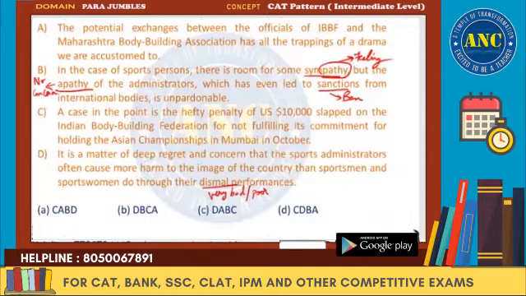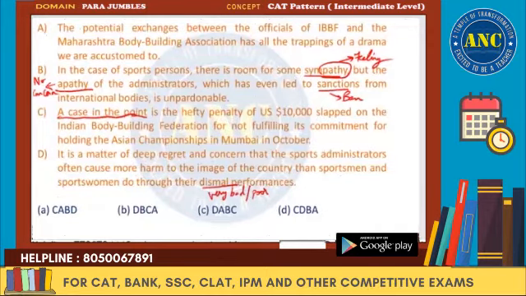So when you're saying a case in the point is a hefty penalty, that means I'm giving an example of some point. So I spoke about the point in theory first, and then I'm giving an example of saying that Indian Bodybuilding Association or Federation was slapped with a $10,000 fine.